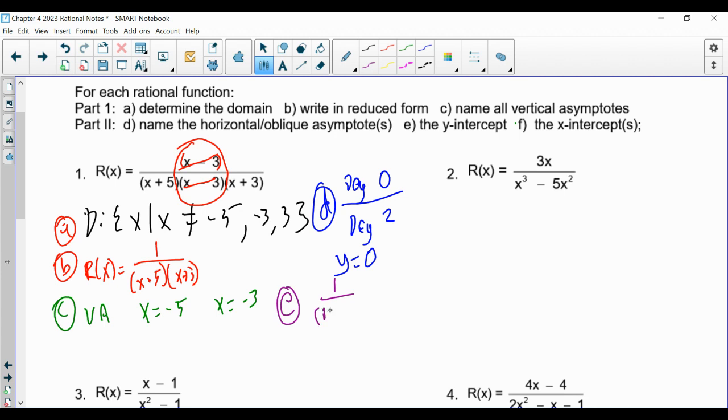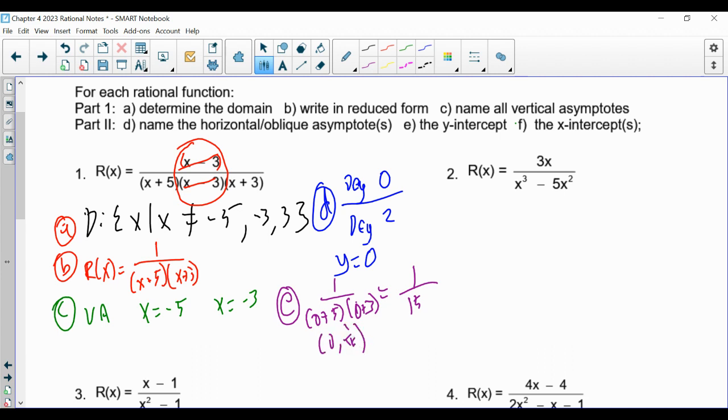And I would do it in the simplified one, and I'm just making that look a little nicer. 0 plus 3. So if you simplify this, you get 1 over 5. That's supposed to be 0 plus 3. So you get 1 over 15, which means the y-intercept is (0, 1/15).